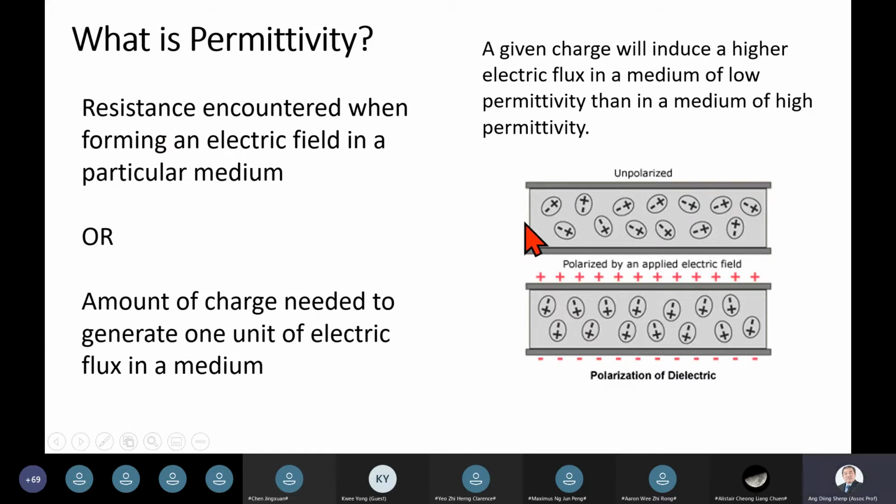This can be illustrated using this diagram here. In any medium, whether semiconductor or something else, it is always possible for an applied electric field to result in polarization of the medium. What does that mean? In some materials, we have dipoles.